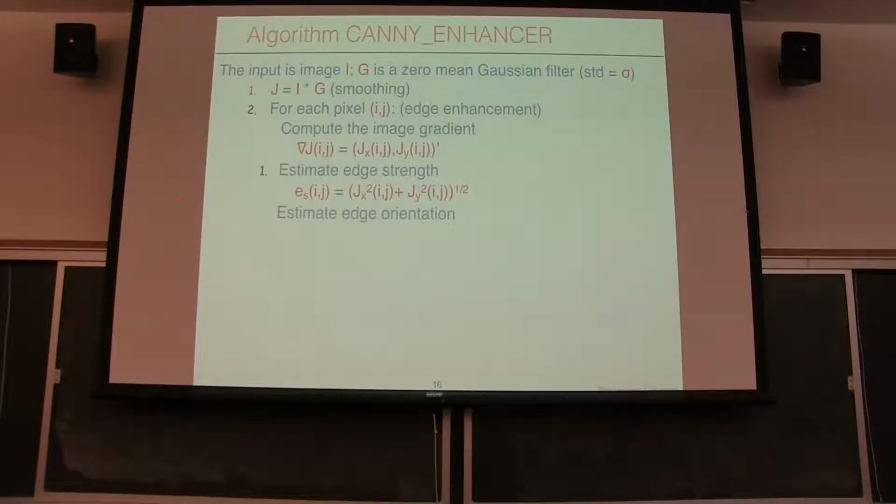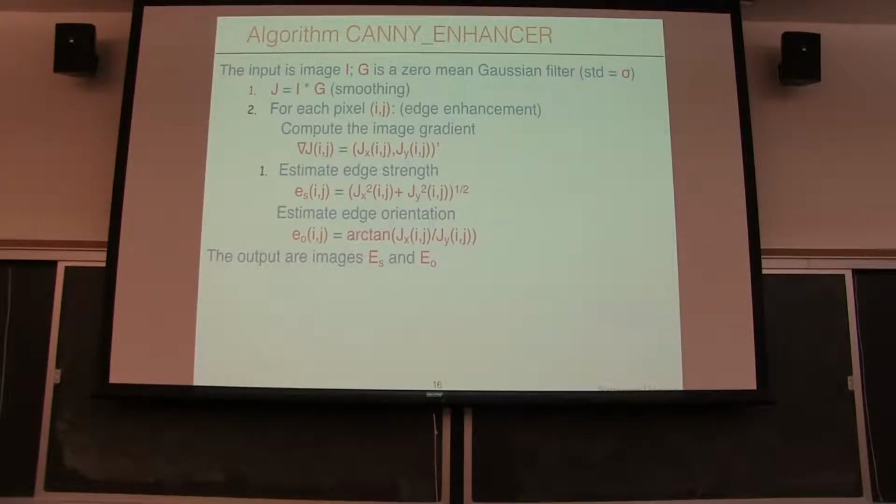We're also going to estimate the orientation of the edges by using the arctangent of the ratio of the 2 components. So I started with image I, and now I end up with 2 images, ES and EO. ES has the strength of the gradient, and EO has the orientation of the gradient. I'm going to output this, and this will be the output of my first step.